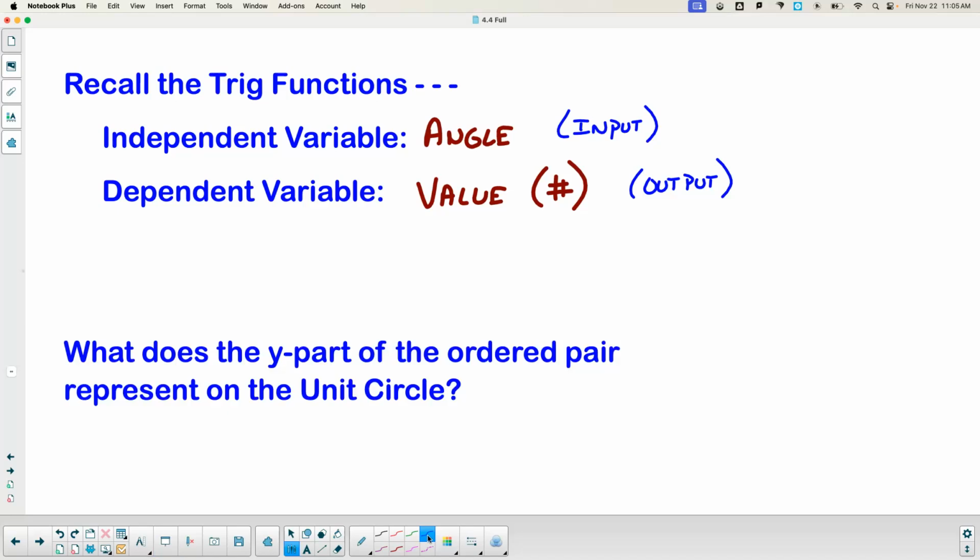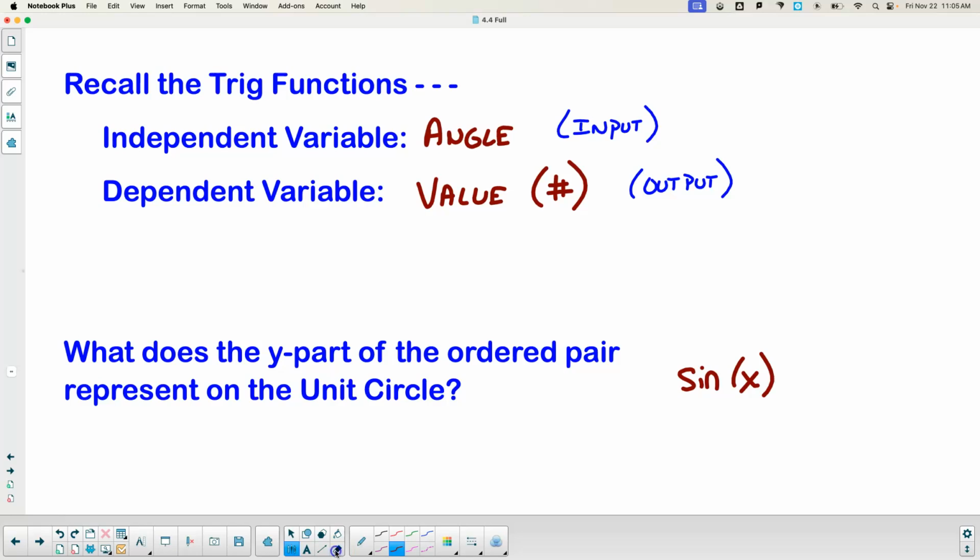Refresh my memory, what does the y part of the ordered pair represent on a unit circle? Sine. Actually, I shouldn't even say sine of x.